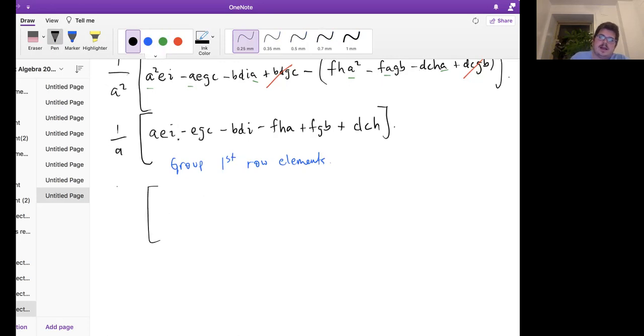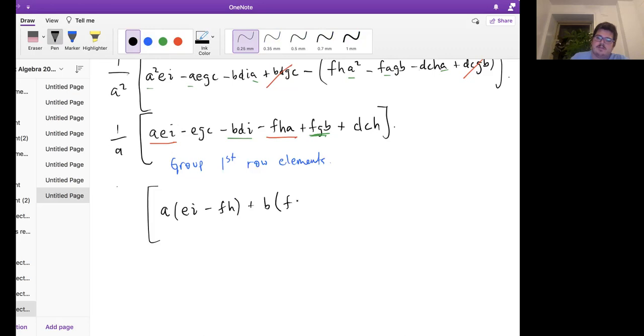So I have AEI and FHA, so it's going to be A times (EI minus FH). Now let's group the B's together. There's a B here and there's a B here.